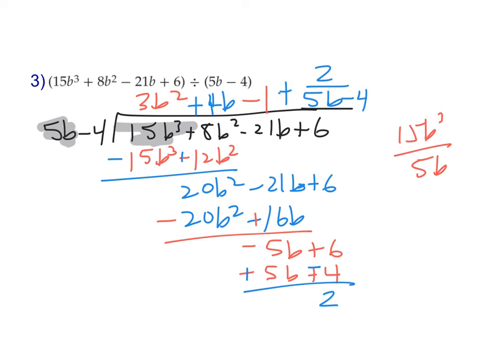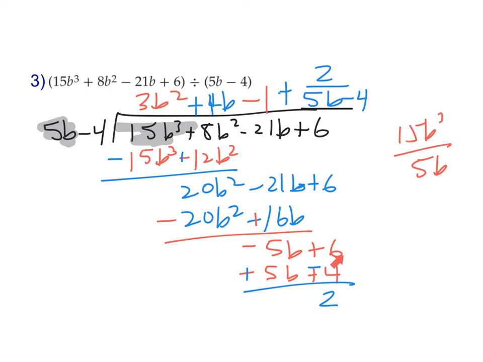So again, here's what happened. We do the first one. I get 20b squared. I bring everything down. Now 20b squared divided by 5b is 4b. I multiply. That gives me 20b squared minus 16b. But by subtracting, I change both of these signs. Those cancel. This gives me negative and a positive, so it's negative 5b.